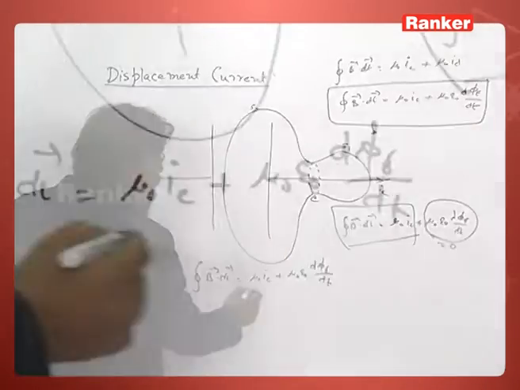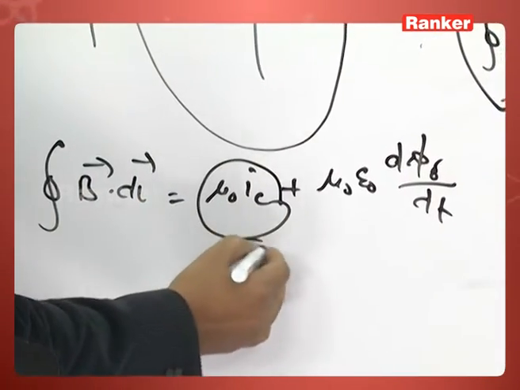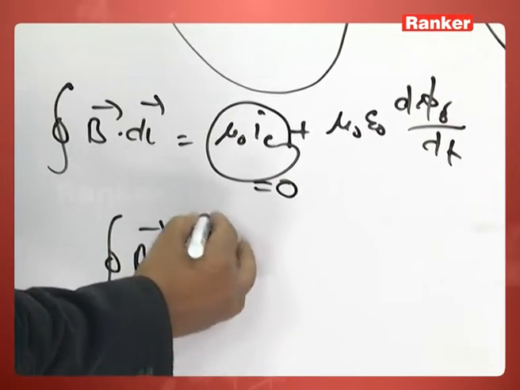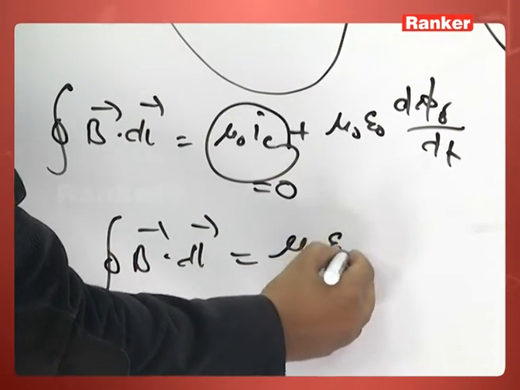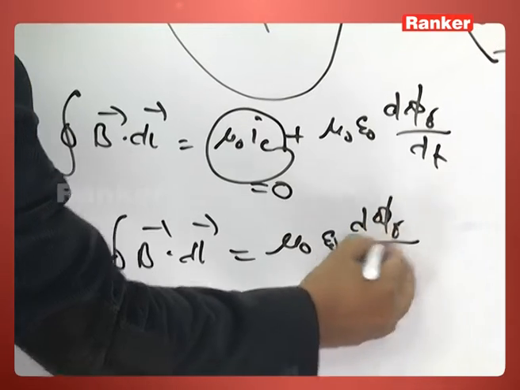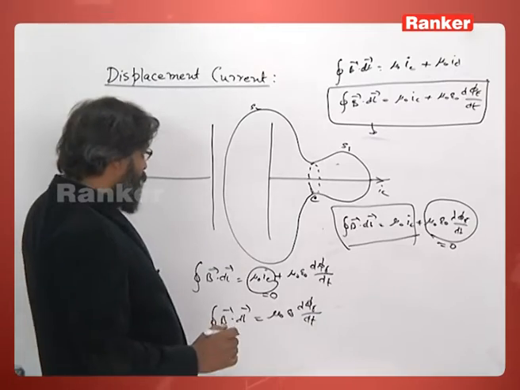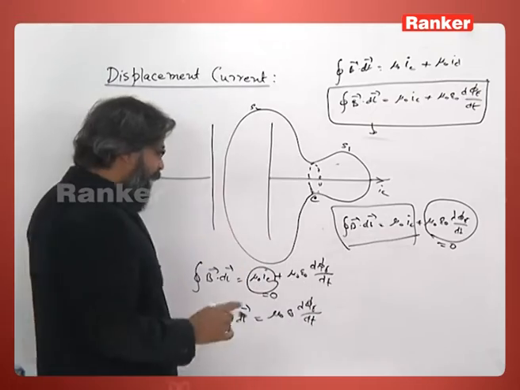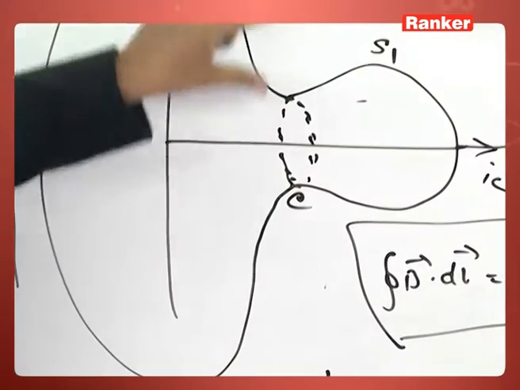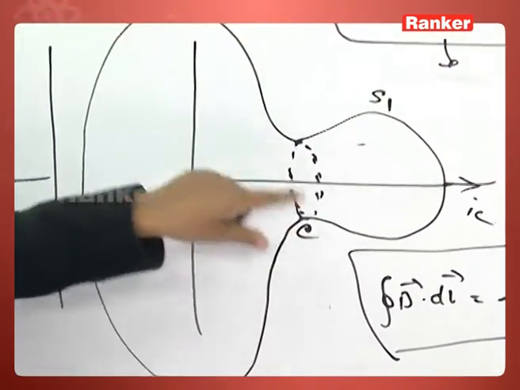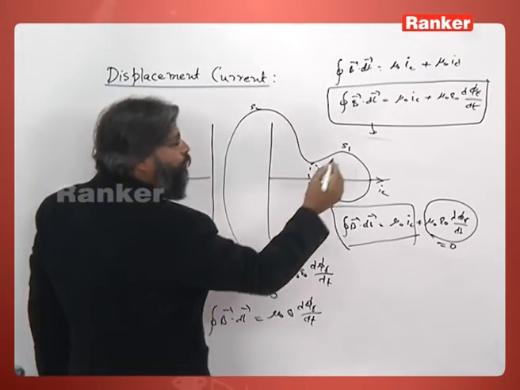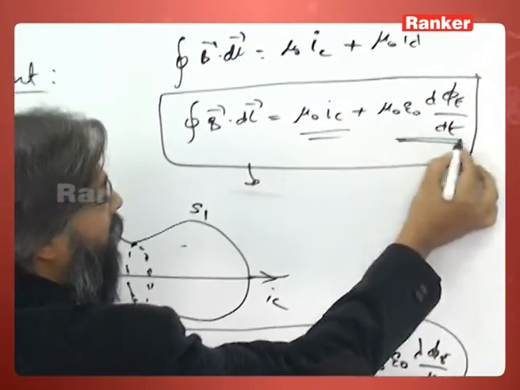For this S2 surface, the conduction current term is 0, and so we will simply write B dot dl is equal to mu naught epsilon naught d phi E by dt. So the very idea that Ampere's law can be used also for time varying fields, we can use provided we accommodate this term.